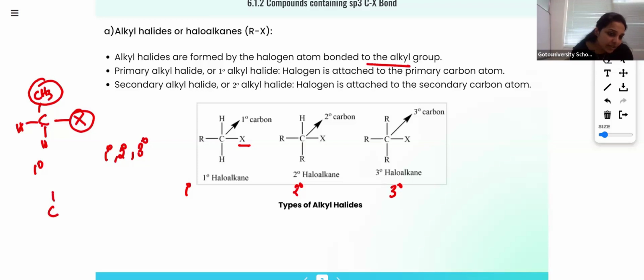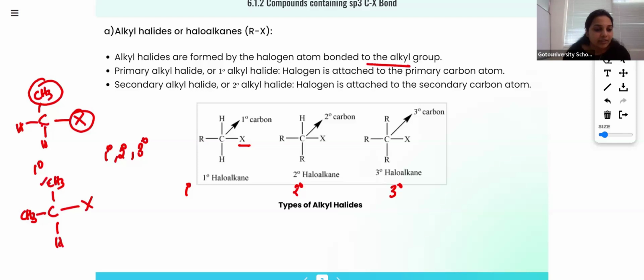Now the CH3 is still there, and I am replacing one hydrogen with an alkyl group. First we will discuss secondary, then we will move to tertiary. Here hydrogen is still there and here is the halogen. Now you can see the halogen is connected to one carbon, and that carbon is connected to two carbons.